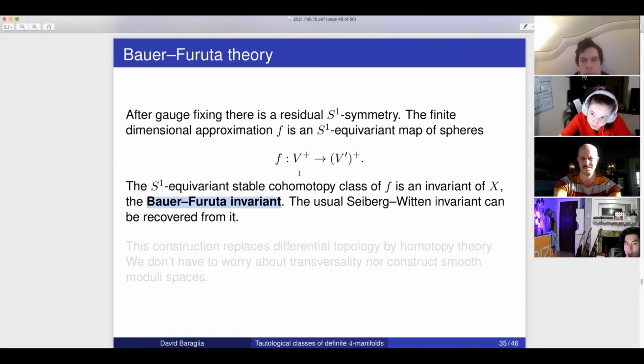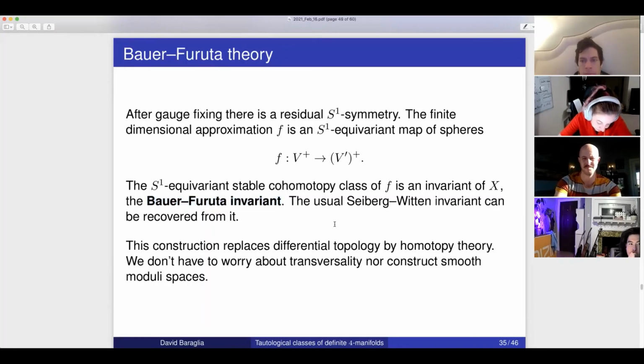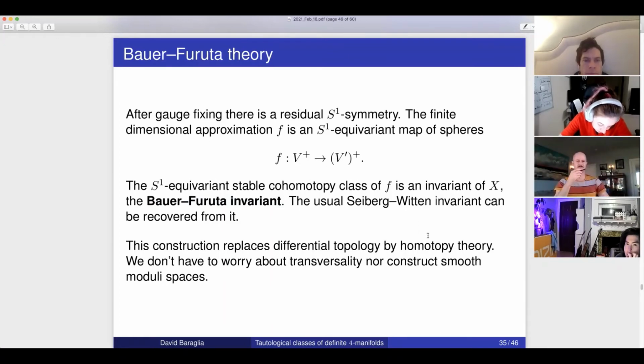It's a refinement of the Seiberg-Witten invariant in the sense that you can recover the usual Seiberg-Witten invariant from it. One of the advantages of doing this is that instead of worrying about transversality, in other words differential topology, we're just doing homotopy theory, so we don't have to worry about transversality issues.